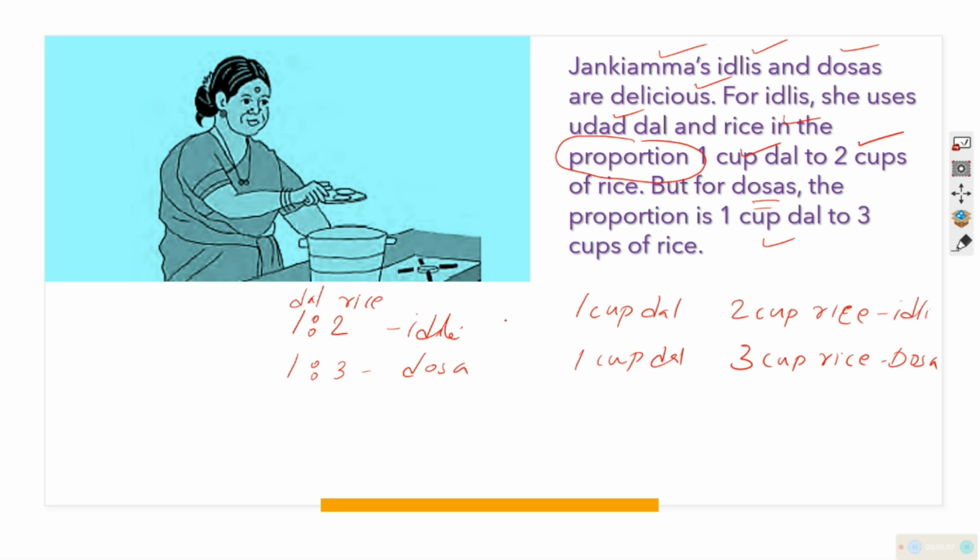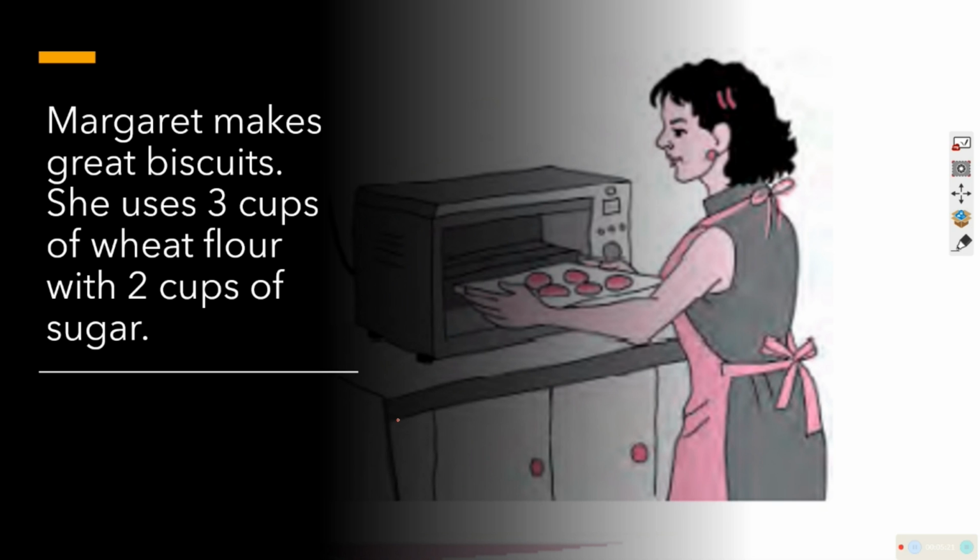In the form of ratio, we will write 1/2 and 1/3. Understood? So this is a method of understanding the relationship between two data.